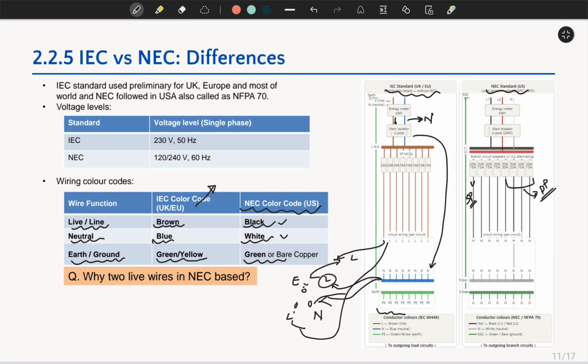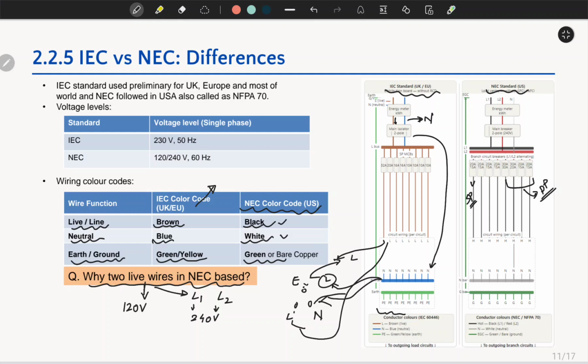Now a question: why are there two live wires in case of NEC? It is because for some light loads only 120 volts is sufficient, but for a few higher capacity or higher power consuming loads, with L1 and L2, we need to provide a higher voltage. These are in phase opposition, so the combination of these two will give me 240 volts.